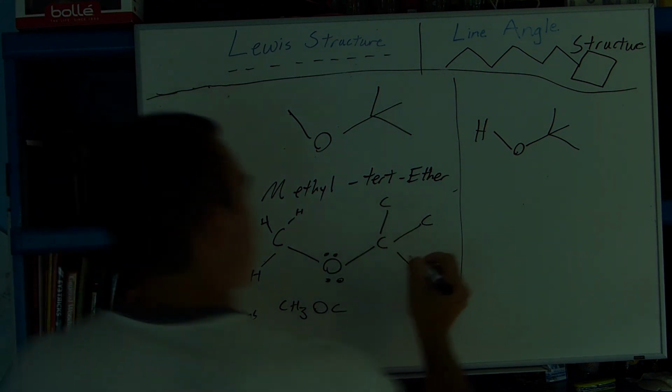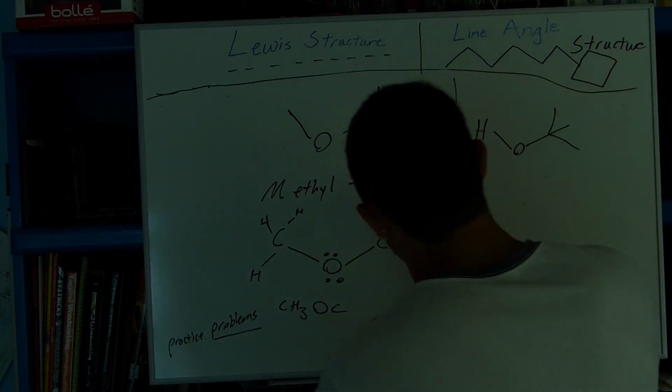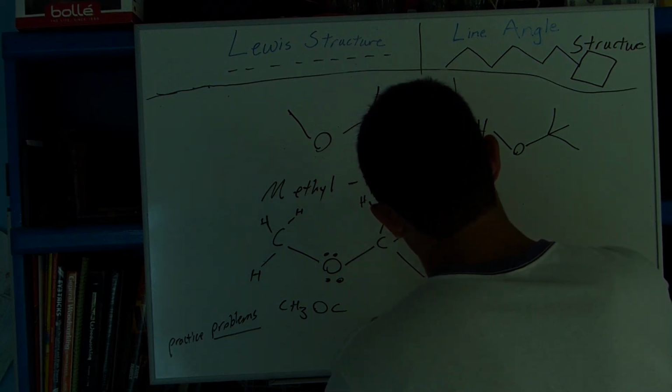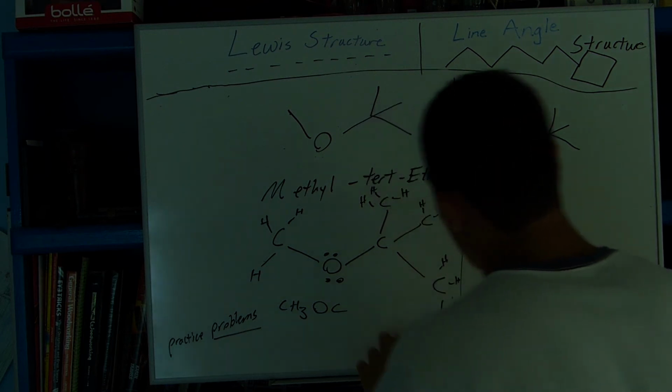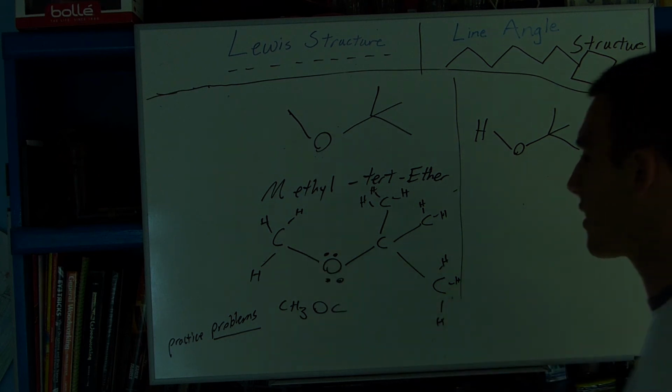Here we are. 1, 2, 3. Looks like the finger prong coming at you. Adding all these hydrogens can be a pain. And there we go. Fills all the octet rule, and that's our molecule.